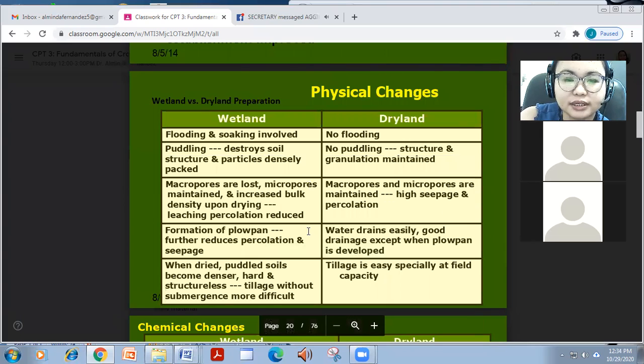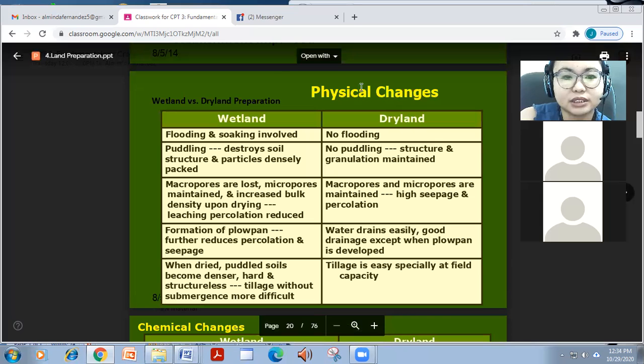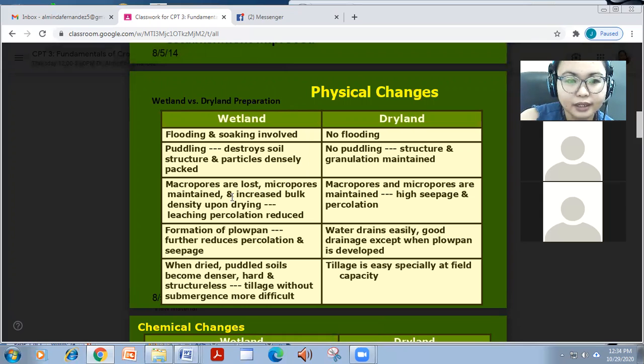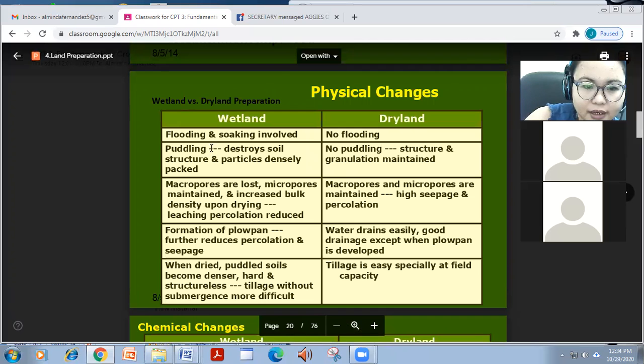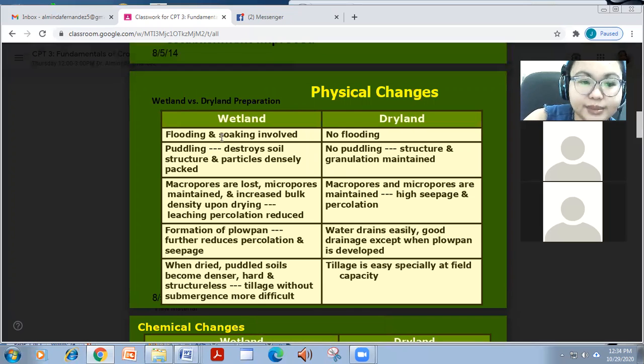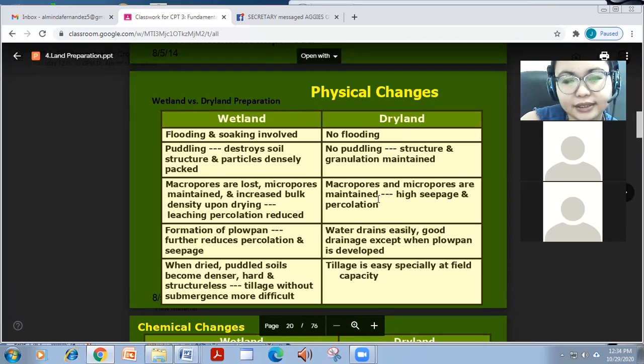So these are just to show you the difference in terms of physical changes of the wetland versus dryland preparation. So for a wetland, mostly in terms of physical condition, wetlands are flooded and soaked with water. Of course, dryland has no water. It has a little moisture, but not really flooded.